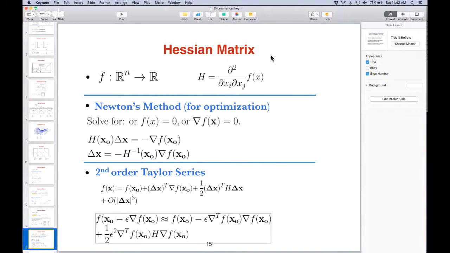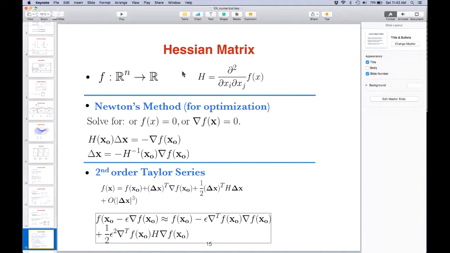So the Hessian matrix is given by this equation, the second differential of your loss function with respect to any two input variables.